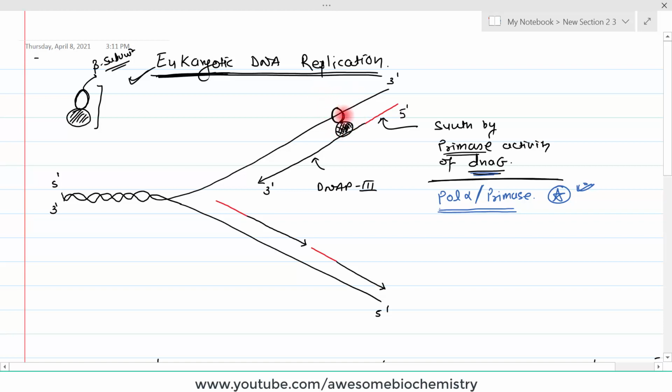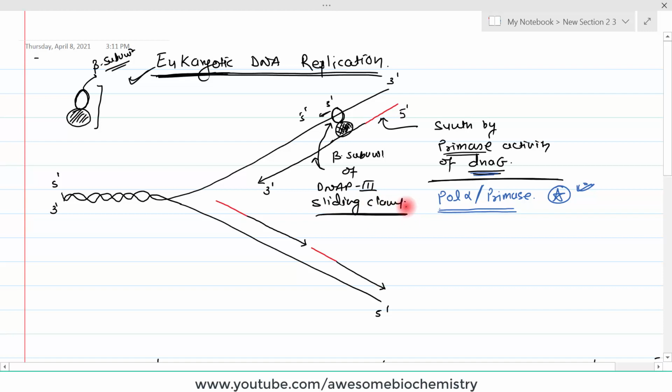Because of this ring, the enzyme always remains near the template, plus as new DNA synthesis occurs, it starts moving over here. The ring slides over this template, and of course it slides in the 3' to 5' direction of the template. So this beta subunit of DNA polymerase 3 acts as a sliding clamp.